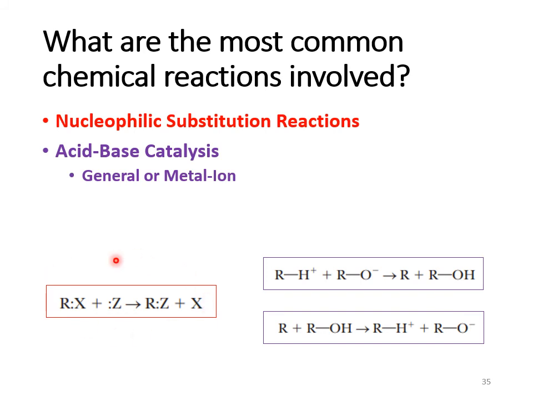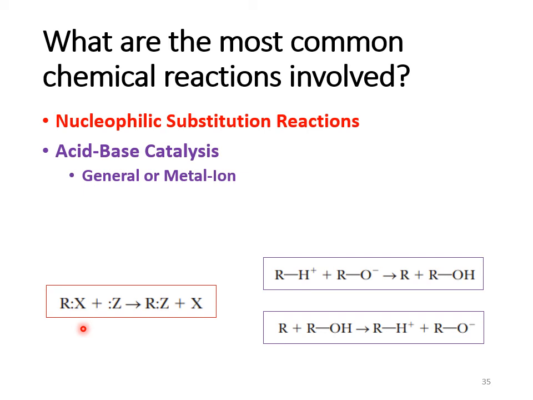I color coordinated this slide like previous ones, where the red reaction is here, the acid-base catalysis reactions are in purple. So this red reaction here, nucleophilic substitution reactions, are reactions in which one functional group is replaced by another as the result of a nucleophilic attack.